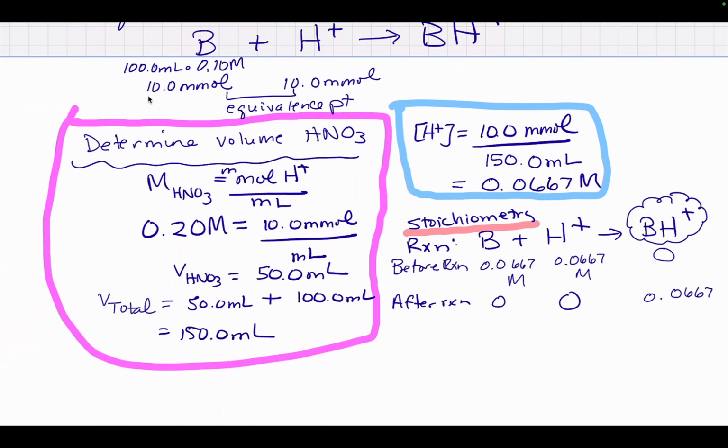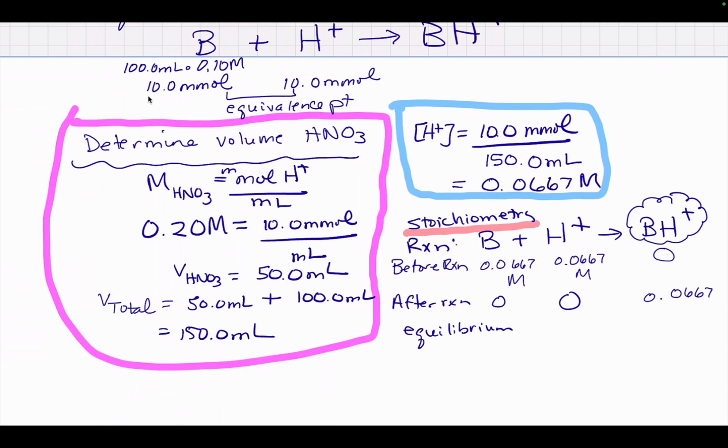Now I know I'm going to have to do an equilibrium problem because I'm trying to determine the pH, and it's not 7 because it's not a strong base and a strong acid. It's a weak base and a strong acid. So we will anticipate that our pH should be lower than 7 when we're done.